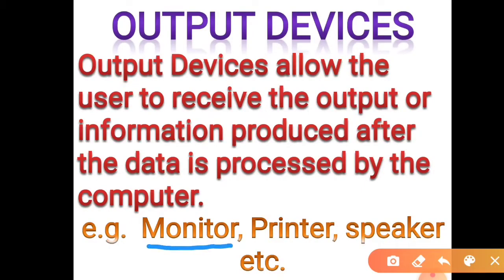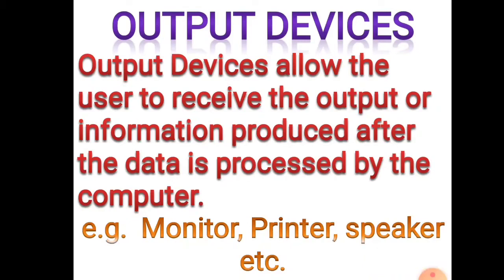Example, monitor. The monitor shows the soft copy of your processed data. A printer gives you a hard copy of data. You can listen to songs also through the speaker. These are all giving something out, so that is why they are known as output devices.